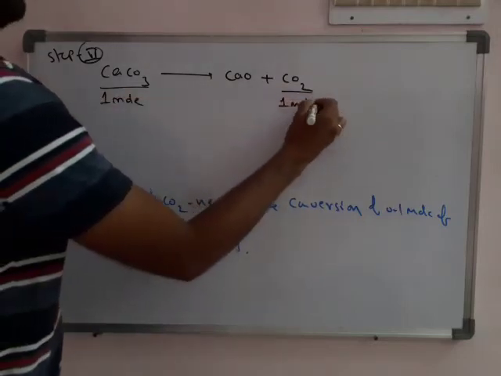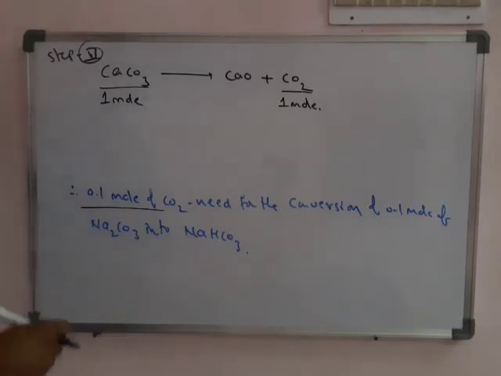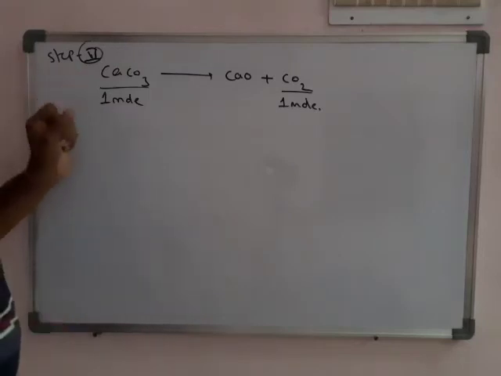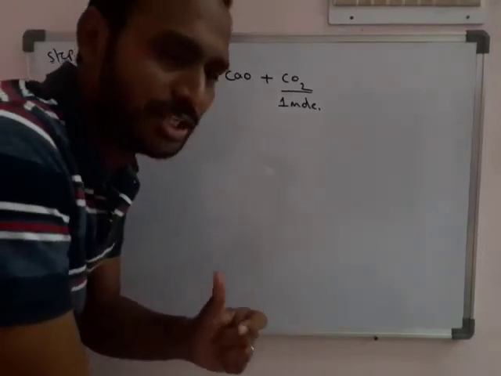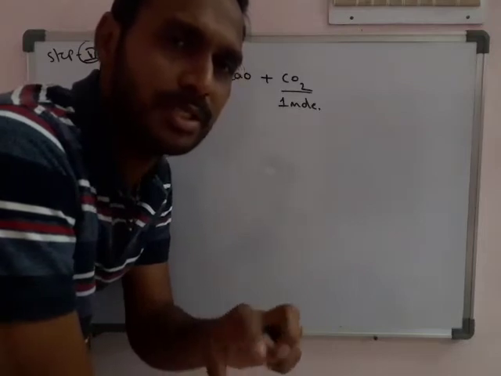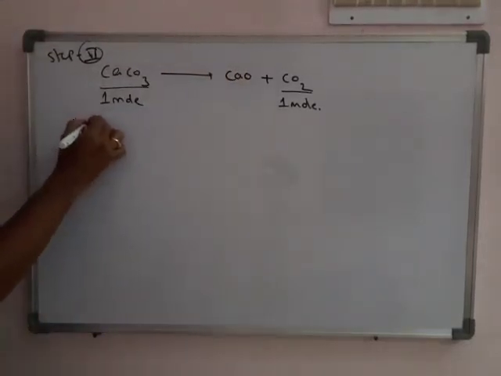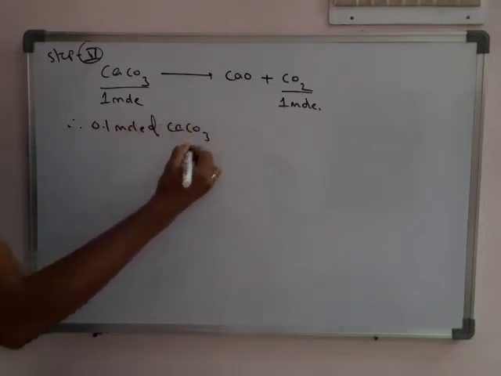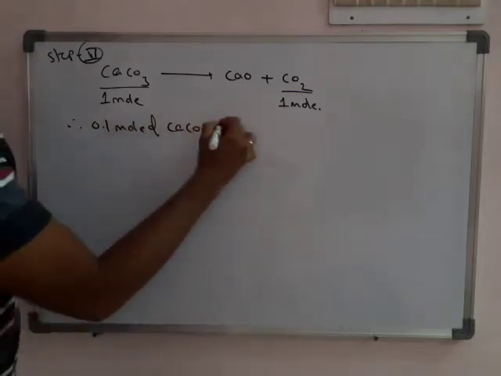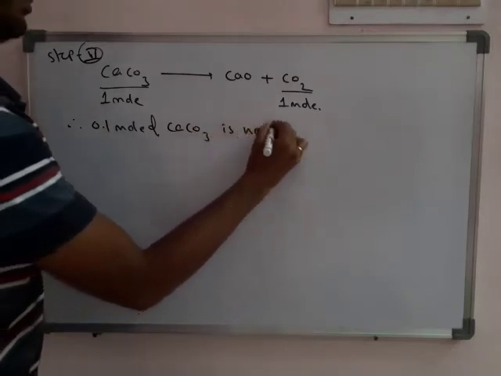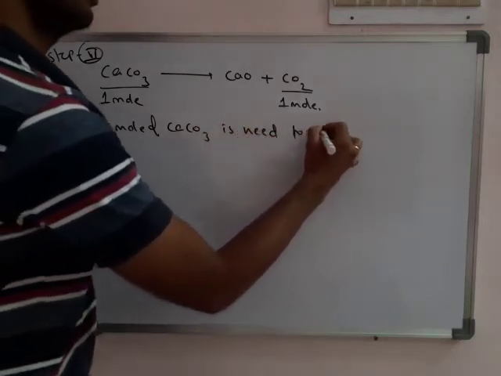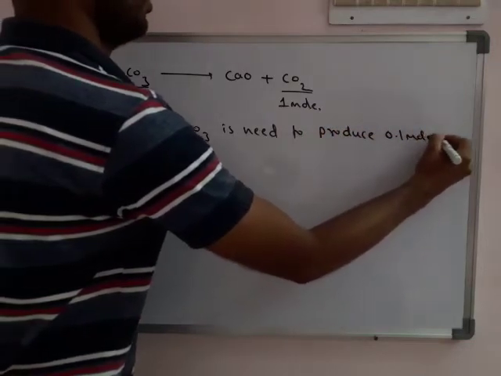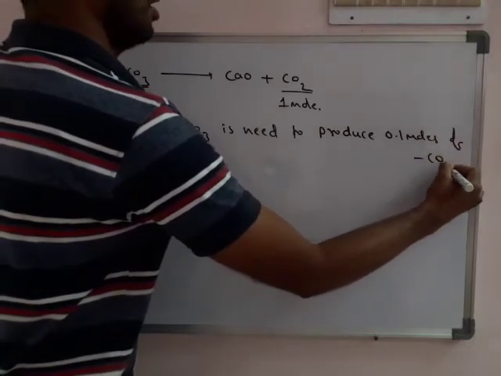1 mole, 1 mole. According to the reaction, to produce 1 mole of CO2, 1 mole of CaCO3 is required. Here we need 0.1 mole of CO2, so therefore we can write 0.1 mole of CaCO3 is needed to produce 0.1 moles of carbon dioxide.